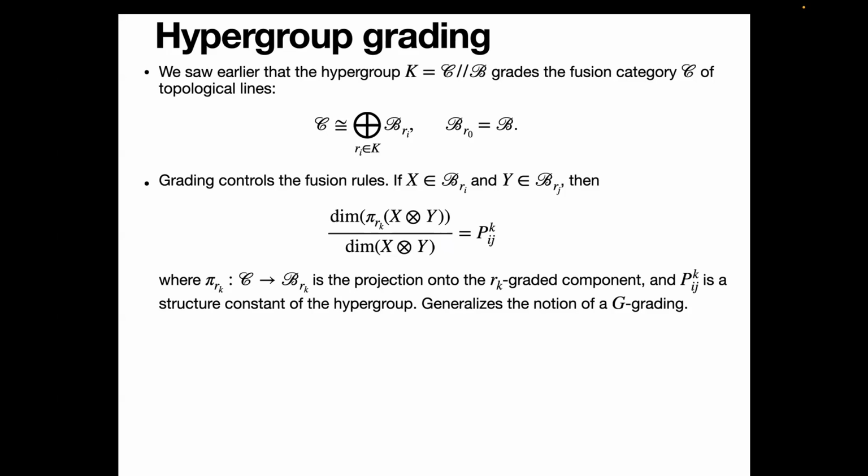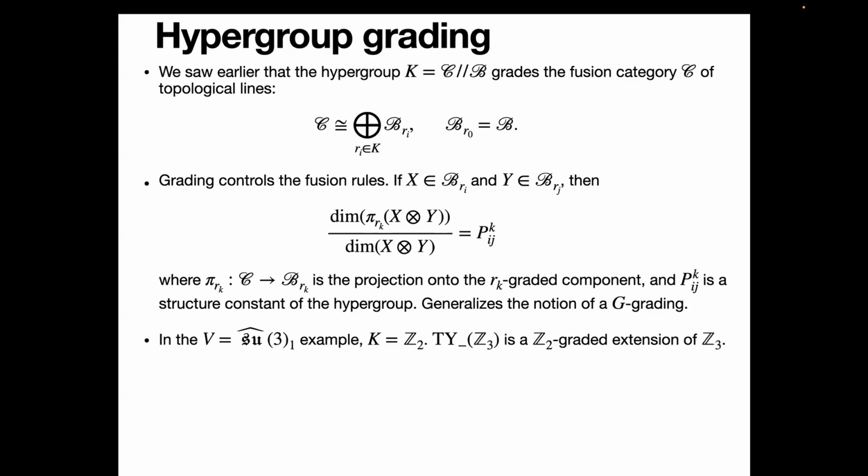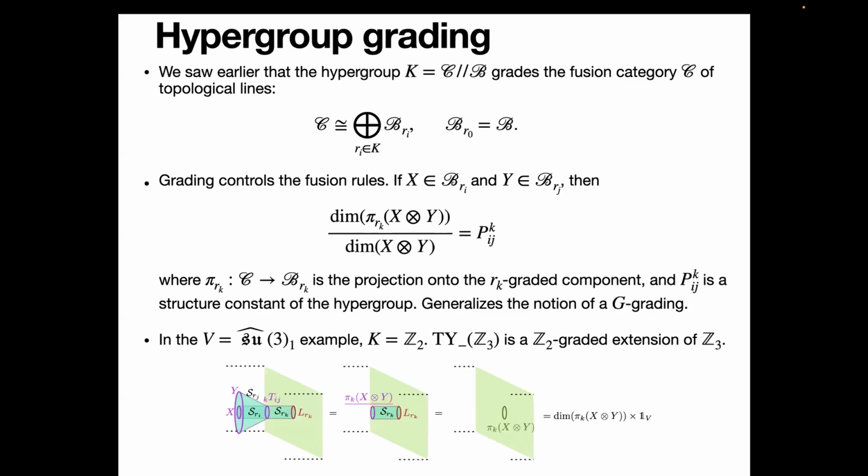And you can just check that if the hypergroup is in fact a group, this precisely coincides with the notion of the G grading. For example, in this SU3 level 1 example, the hypergroup is a Z2 graded extension of Z3. And there's a pictorial proof of this hypergroup grading, which is too complicated to give, but I'll flash a picture so you know it exists, and you can read the paper if you want to understand.